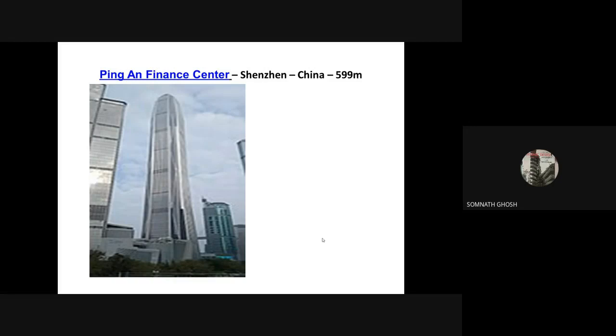This is another tower. It is Ping An Finance Center in Shenzhen, China, 599 meters. So 200 stories. Here also the architecture is different. The elevation is different. It is not the same as the structures which I have shown you before this.